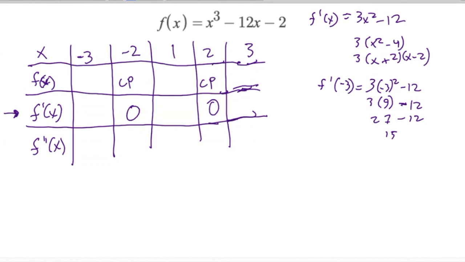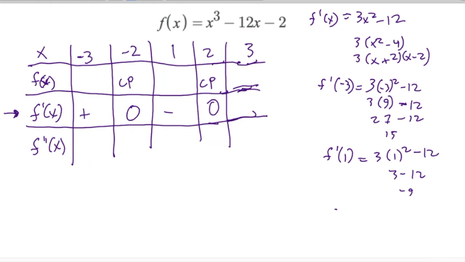I think I did that right. So we get a positive number here. And then if we put in 1, we get 3 times 1 squared minus 12, which is 3 minus 12. That gives us -9. We got a negative number there.